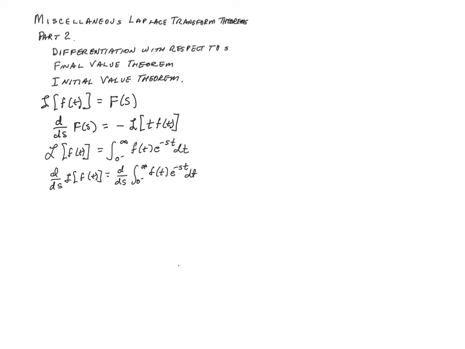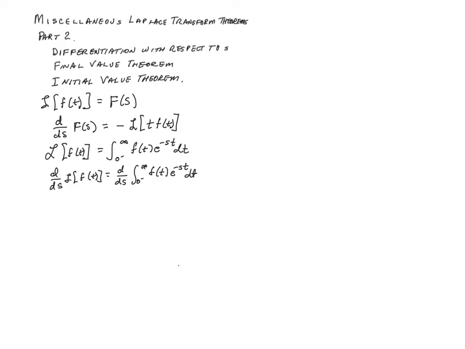Because at this point we don't have any functions of s in our limits, these limits do not have functions of s, we can take the d by ds right through the integral sign to the function of s.